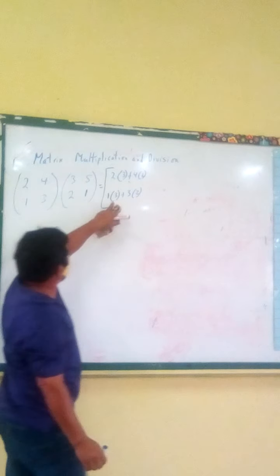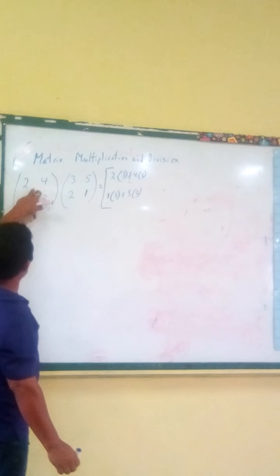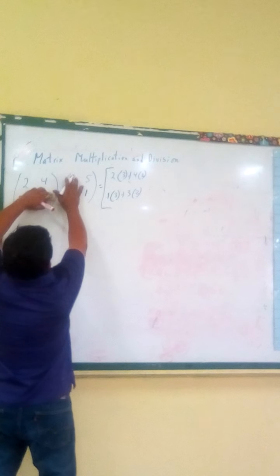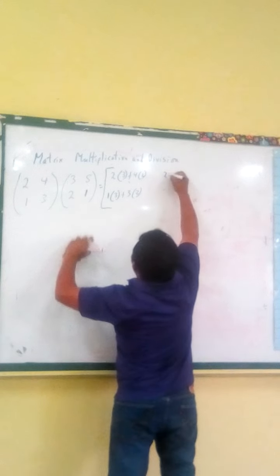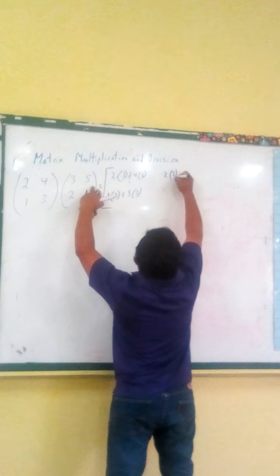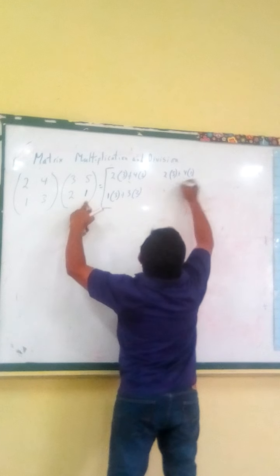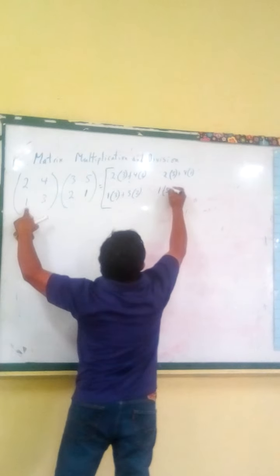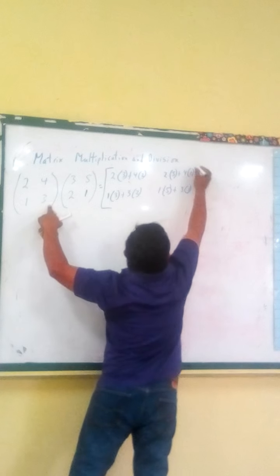Note what numbers repeat. It's the 3 and the 2, which is here, multiplying this first set of values. Then you go to the second one. First row, second value. So it becomes 2 times 5 plus 4 times 1. And then you go 1 times 5 plus 3 times 1.